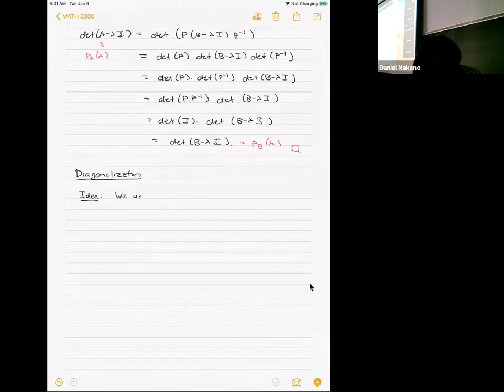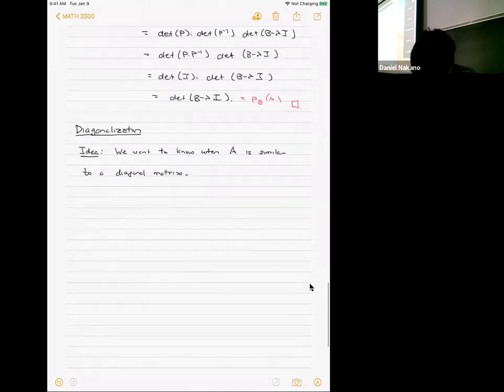We want to know when A is similar to a diagonal matrix. Now, suppose that this is true. So suppose we do have this case.